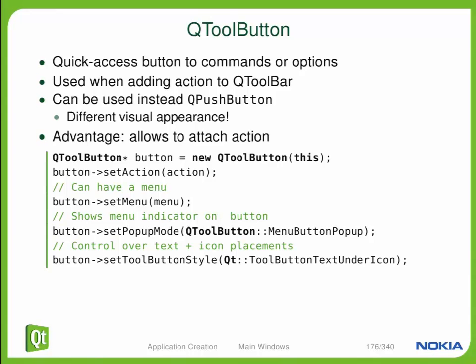So here in the next line of code, we are setting the popup mode on the QToolButton. What this means is you're going to get a little button with an arrow, so when you click on the button, you're actually going to get a list of choices. And these lists of choices are also QActions. So you can see where we're going to be using and reusing these QActions quite a bit.